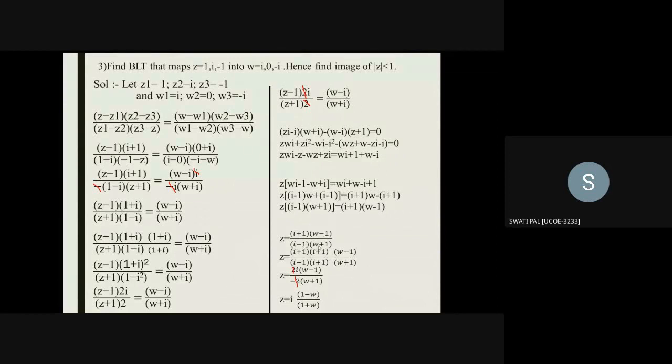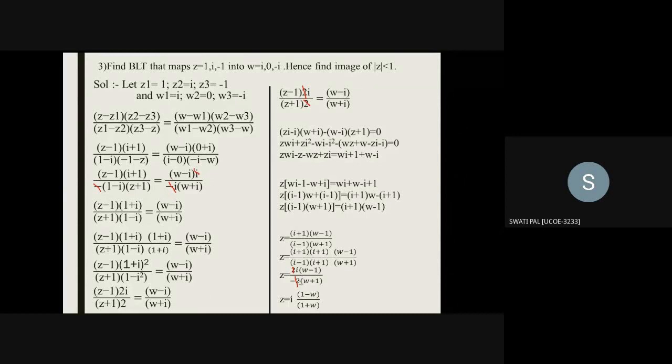And by rationalizing the above equation, it becomes z equals (i + 1) whole square (w - 1) upon (i square - 1)(w + 1). By solving, we get (i + 1) whole square as 2i and i square - 1 as -2.